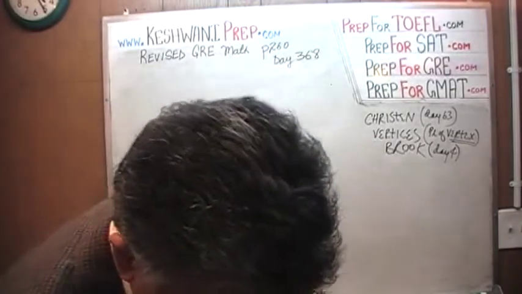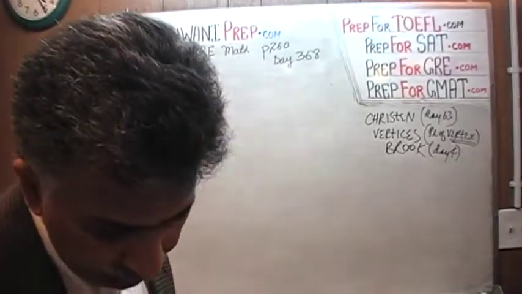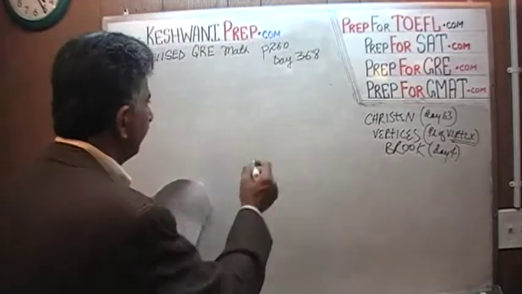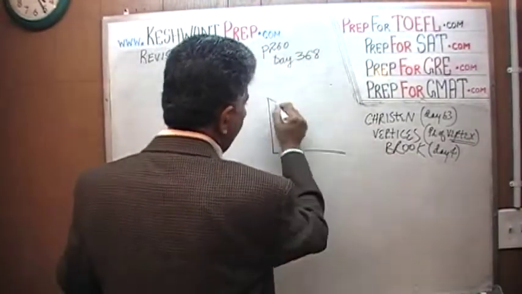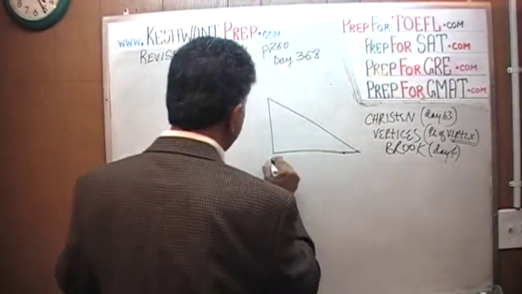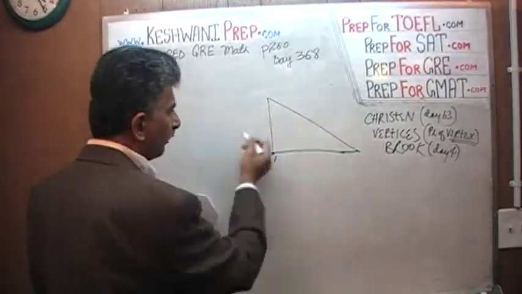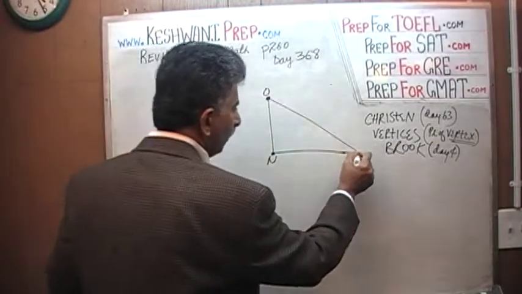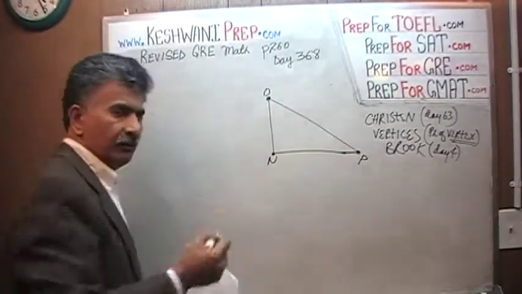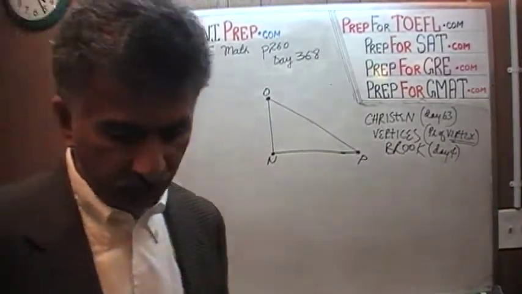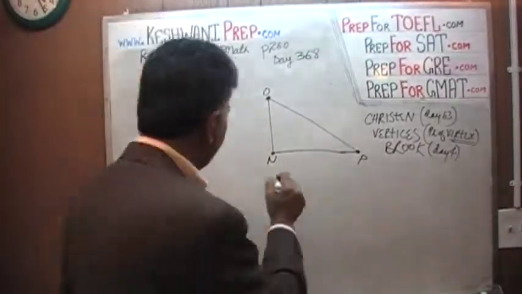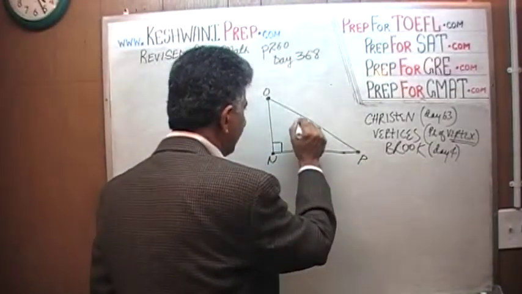In problem number 8, we are given triangle NOP. You see again, they're following the same convention. They start from the bottom left and they go clockwise. NOP. Of course, you name your vertices in alphabetical order if you can. Why wouldn't you?